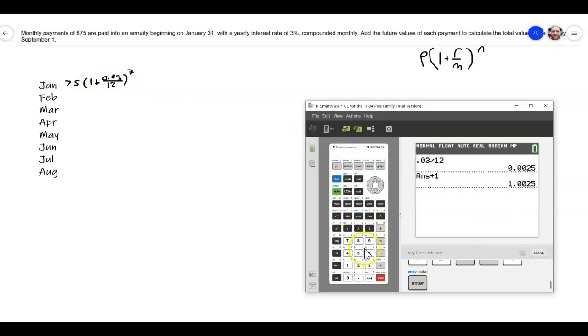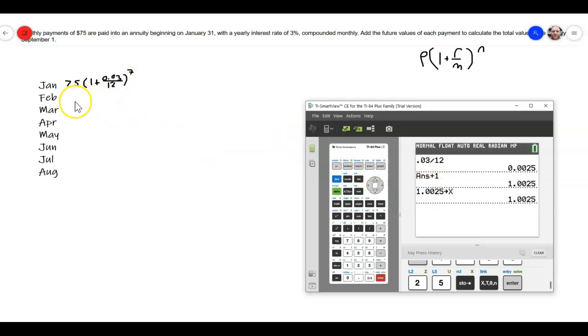So I'm going to store that 1.0025 as X, hit the store as X key, so I can easily pull that up when I'm doing my calculations.